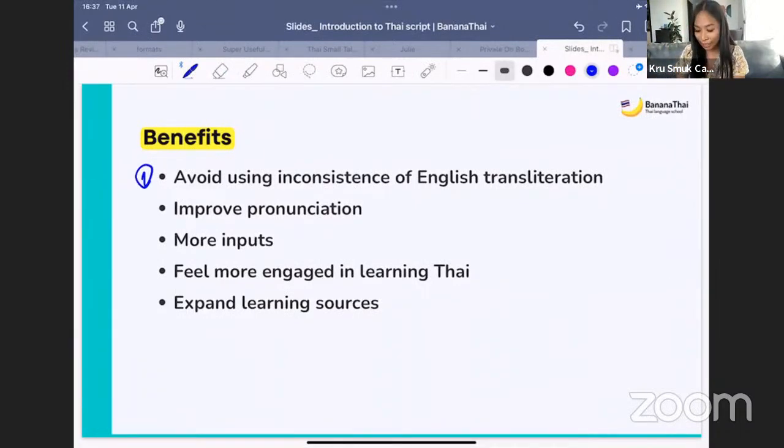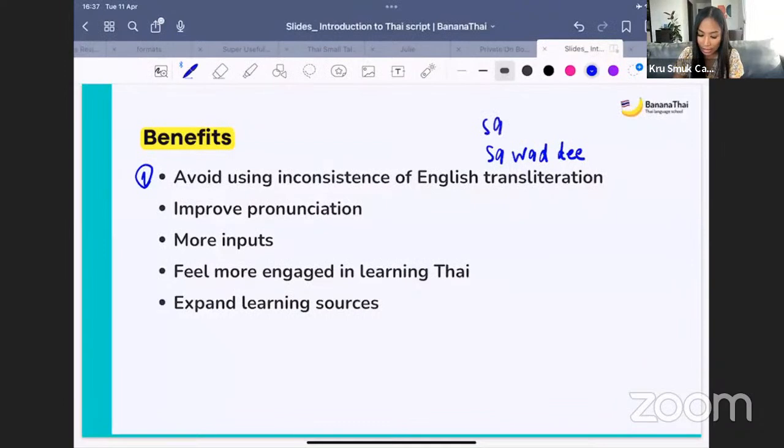For example, like the word สวัสดี. What does it mean? Hello. Hi. So as you can see, it's written with English letters. We call it English transliteration. However, there are so many ways to use English transliteration, and it's so confusing because there's no standard.